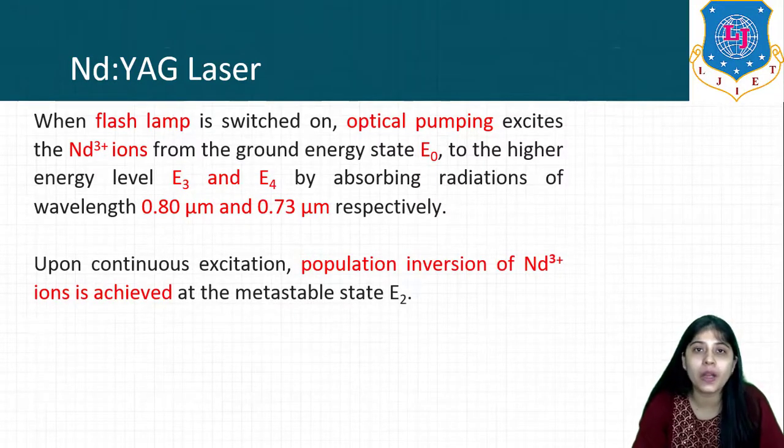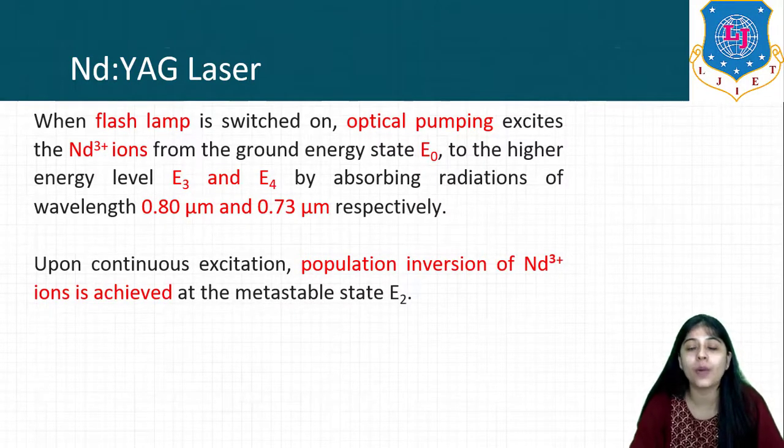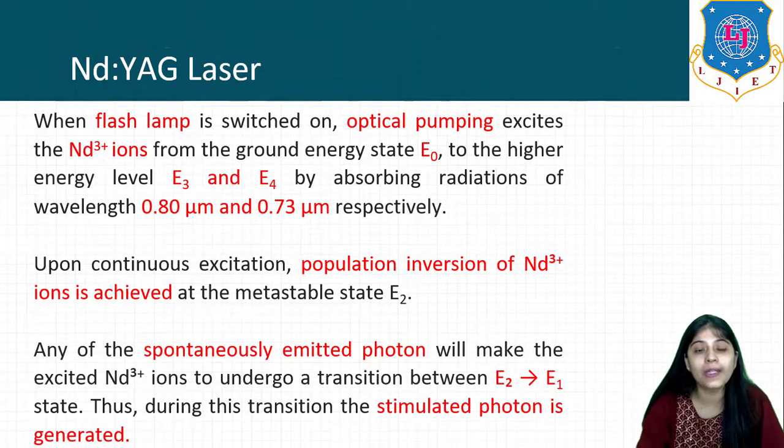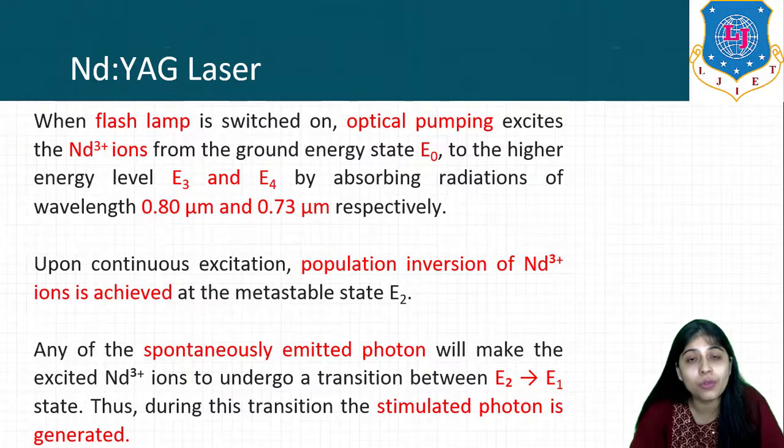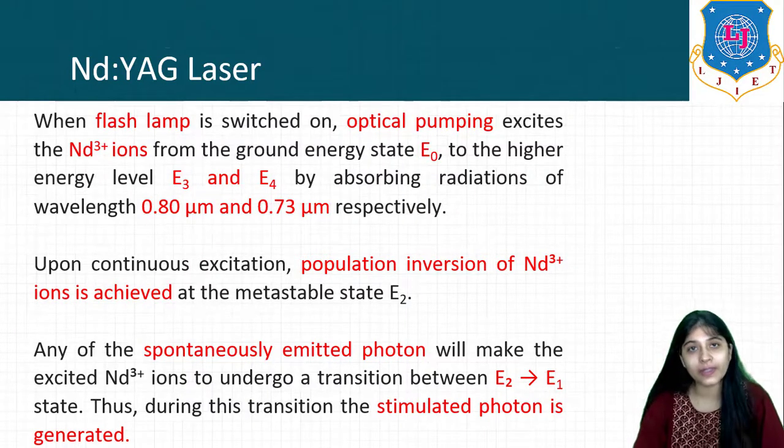Upon continuous excitation, population inversion of Nd+3 ions is achieved at the metastable state E2. Any spontaneously emitted photon will make the excited Nd+3 ions undergo the transition between E2 and E1. So this is all about the Nd:YAG laser.